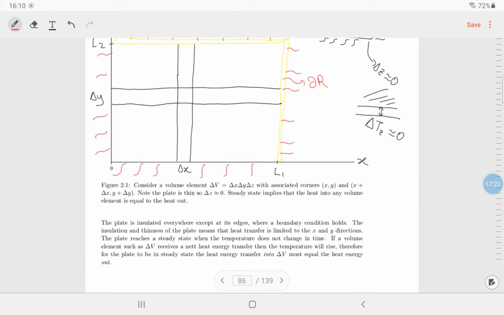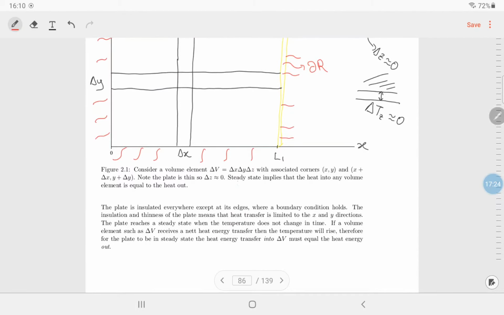So we'll just write down here, steady state means that the change in temperature at any point is equal to 0. Or we could say that the partial derivative of temperature with respect to time is 0. That's what steady state is, but there is a flow of heat.